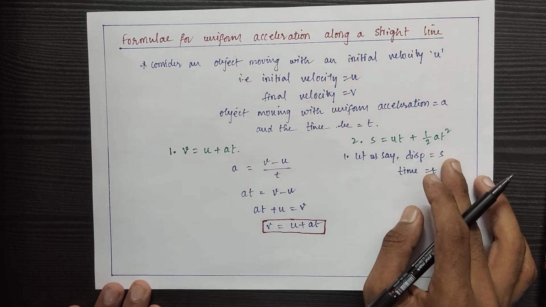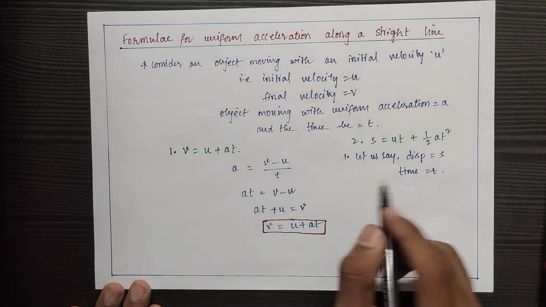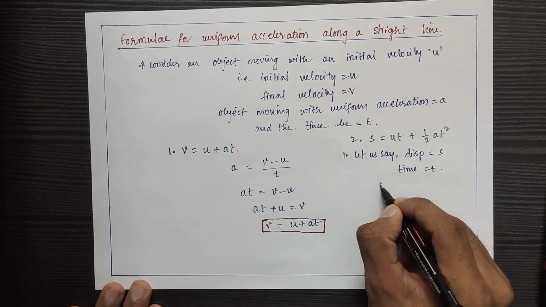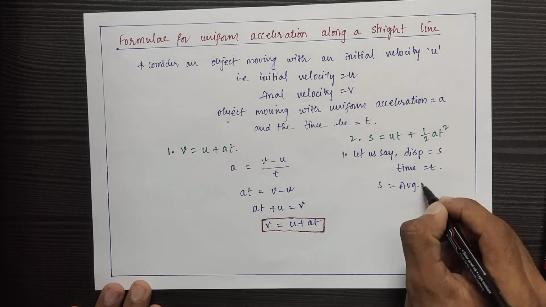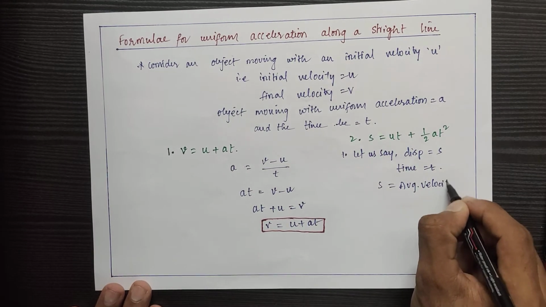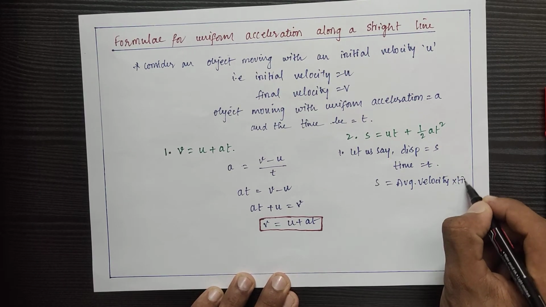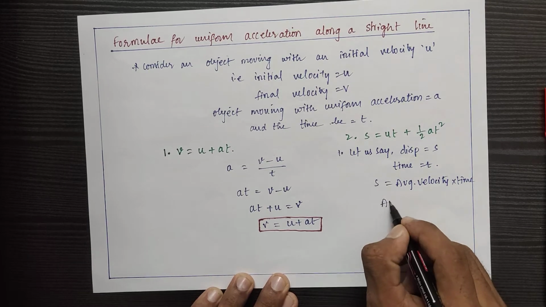Now the displacement of an object which is moving with a uniform acceleration is s is equal to average velocity into time.